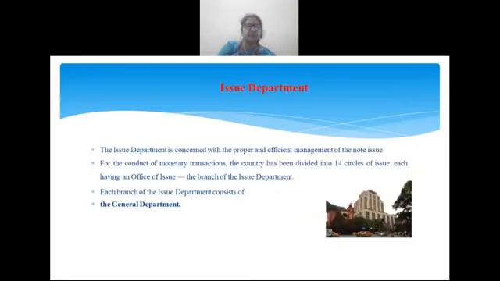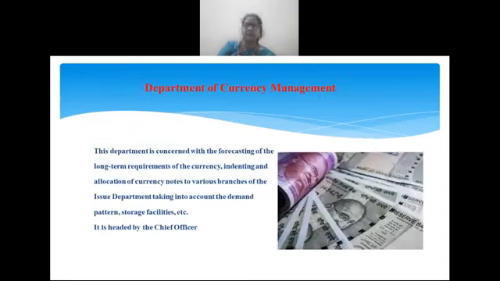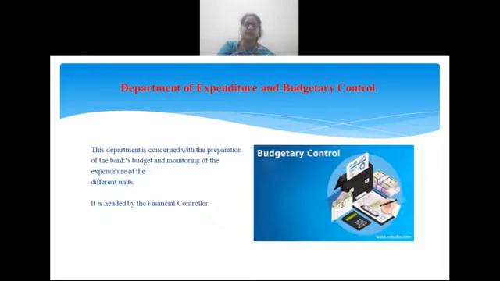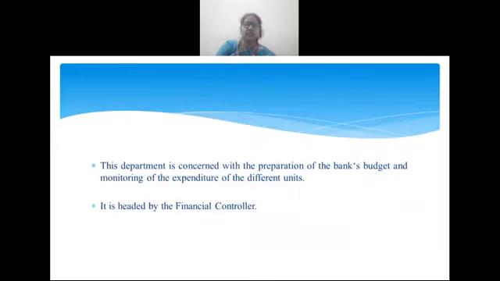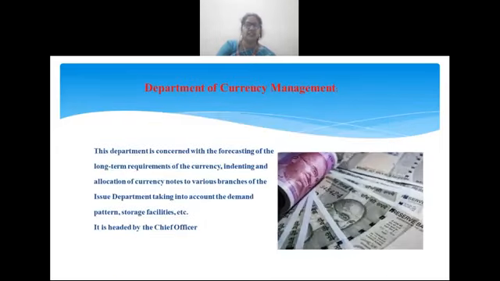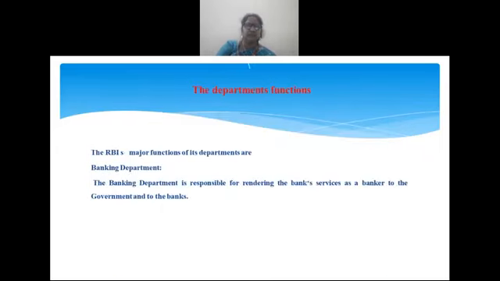Then the issue department, currency management, and department of expenditure and budgetary control. Let me see what banker to the bank and banker to the government are. I think these functions we are going to see at the end of this PPT, so I'll explain those things.